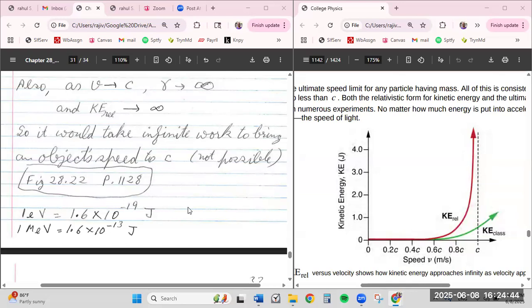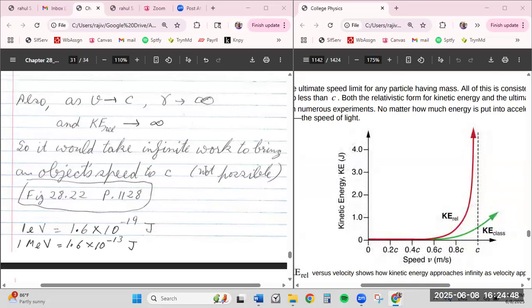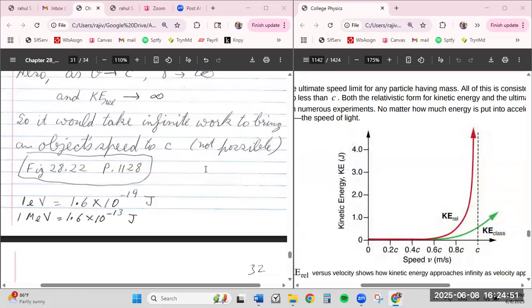However, relativistic kinetic energy has a factor of square root of 1 minus v squared over c squared in the denominator, and that puts a limit on how much the speed can increase before kinetic energy becomes infinitely large, which is not possible.